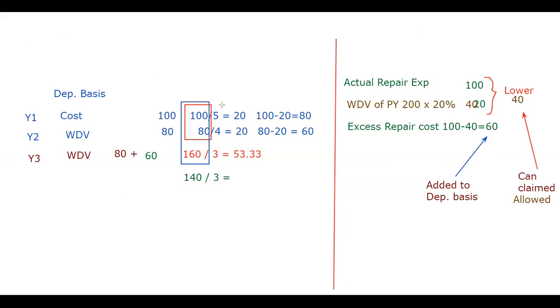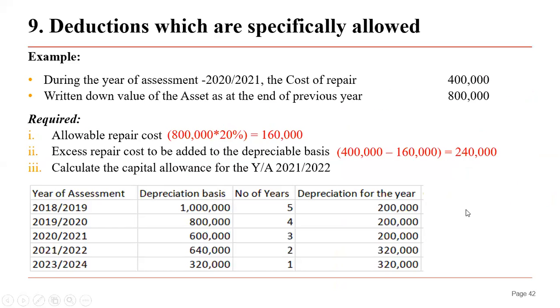Likewise, if we add the excess to the depreciation basis, the capital allowance for this calculation is this one. Likewise, you have to calculate capital allowance in this scenario. The asset depreciation basis is 1 million, the 5 years depreciation for the year is 200.